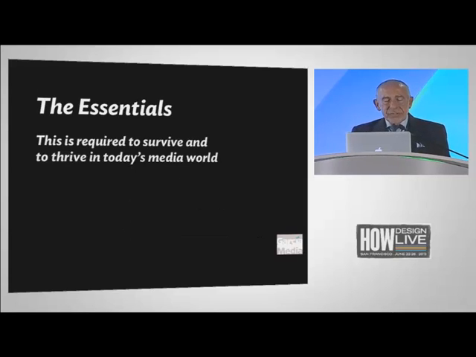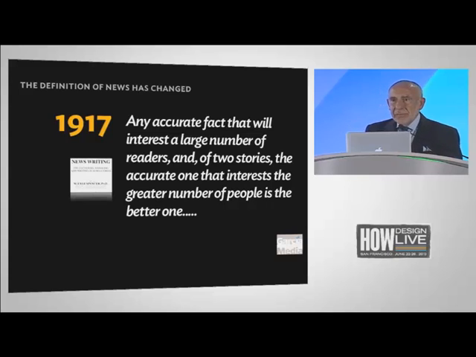What are the essentials? This, to me, is what is required to survive and to thrive in today's media world. And it deals more with the journalistic side of what we do than with the visual side. I begin with a definition of news that most journalism students globally always read in Journalism 101.